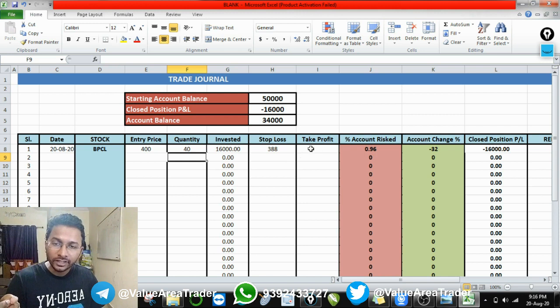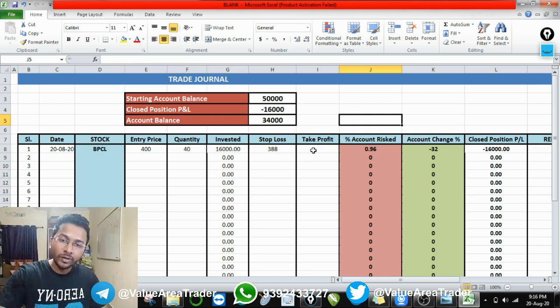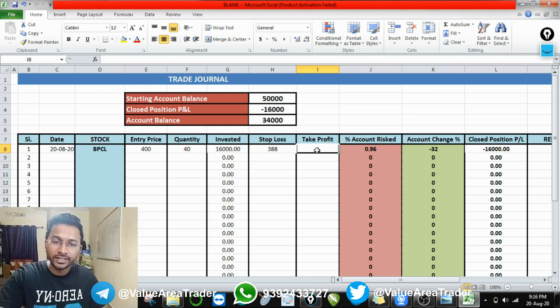I haven't entered the take profit level here, because whenever the trade finishes, or whenever I am squaring off my position, I will write the final profit here. At that time my account change and the close position profit and loss will change. Let's say we entered at 400 and I close my position at 420.